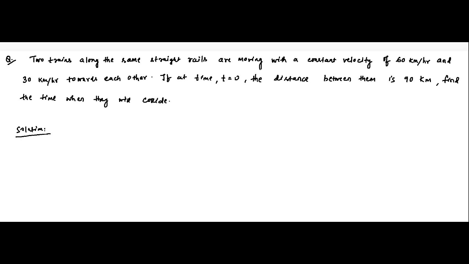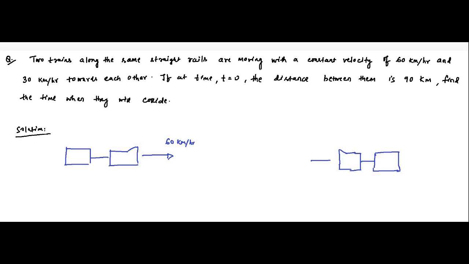Okay, so here we have two trains that are traveling in the opposite direction. This train, let's say it is traveling with 60 kilometers per hour, and this train, another train, is traveling with a velocity of 30 kilometers per hour as it is given.